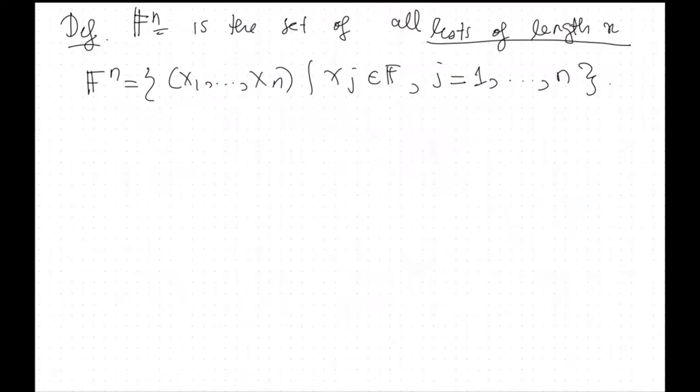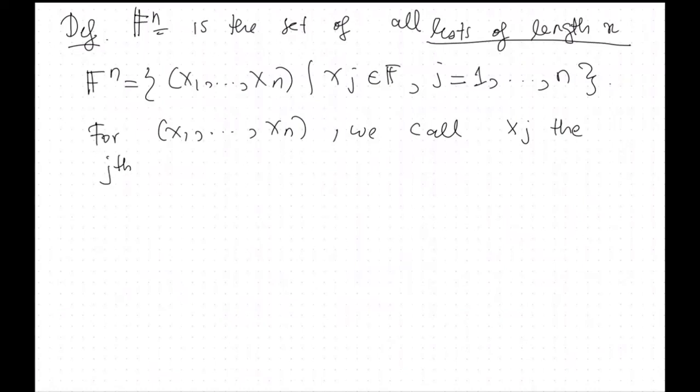And then for x1 up to xn, we call xj the j coordinate, or sometimes it's called the j component, the j coordinate of our list x1 to xn.